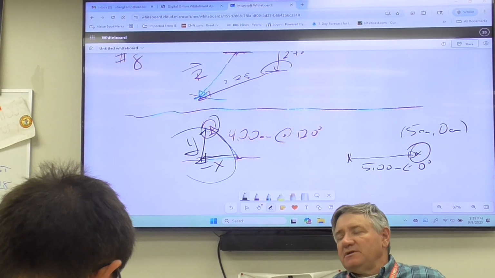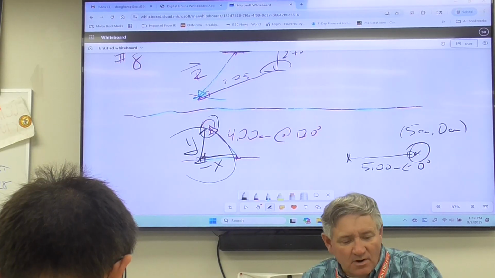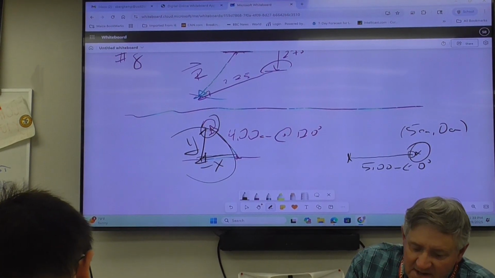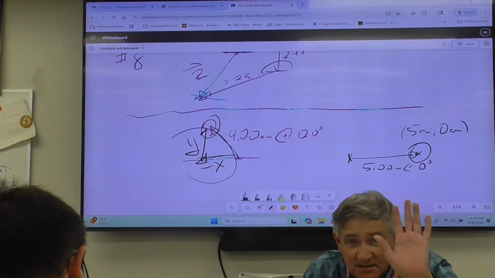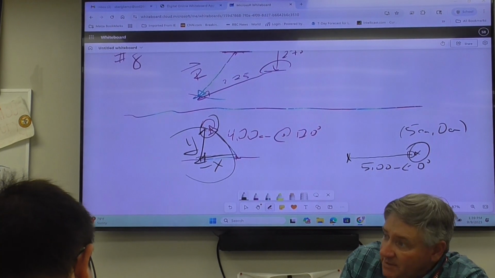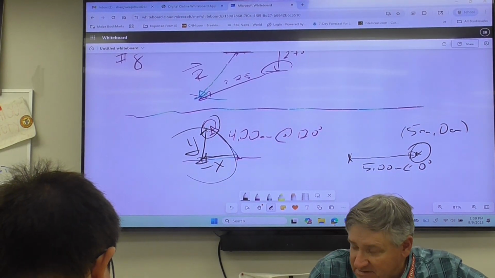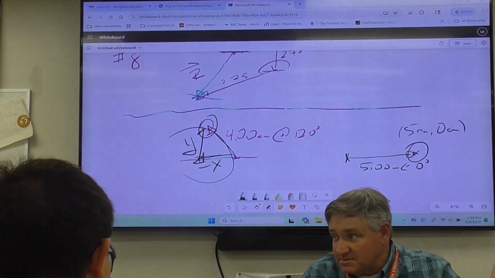It's just how you want to define the system. So on this line where it says vector A, 5 centimeters at 0 degrees, the x component is just 5. The y component is 0. Okay, don't make it difficult. Easiest points you're ever going to get in this class. No units? Or centimeters. Okay.